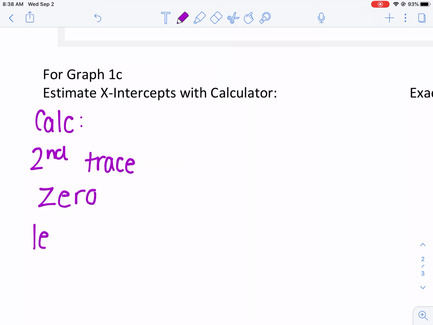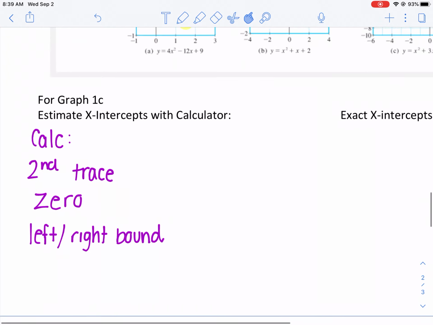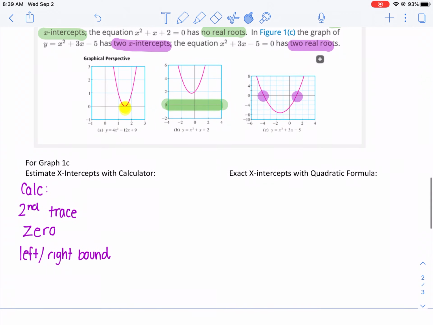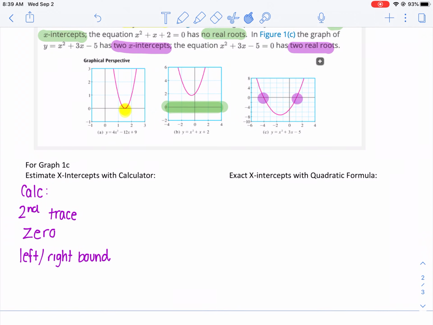And again, like before, we did this in class already, you have your left, right bounds, where you arrow over and show where the intercepts would be. Okay, so we're doing it for graph 1C, which is y equals x squared plus 3x minus 5. Take a moment, please type that in your calculator. Give it a try.